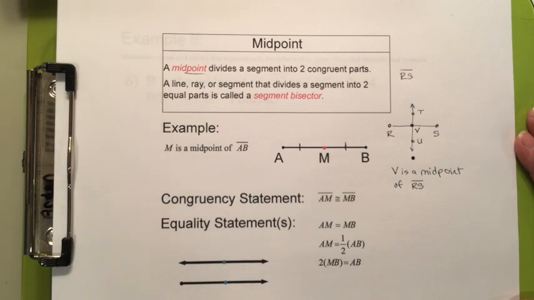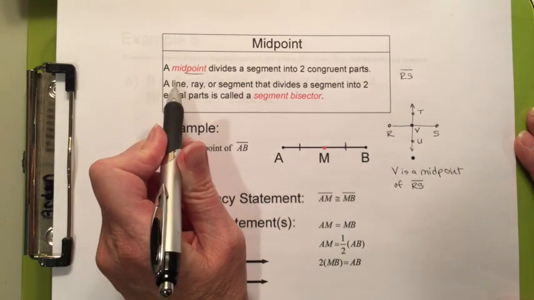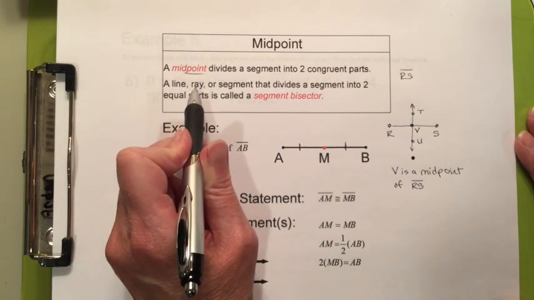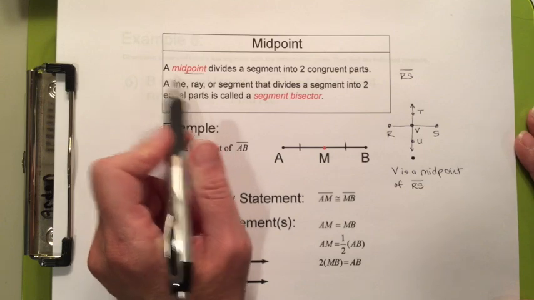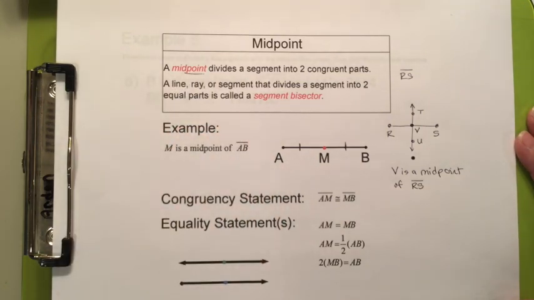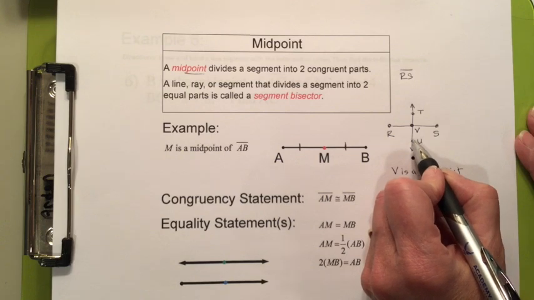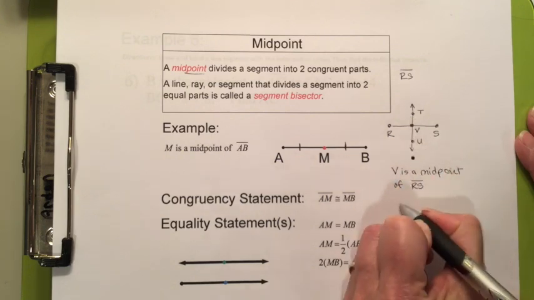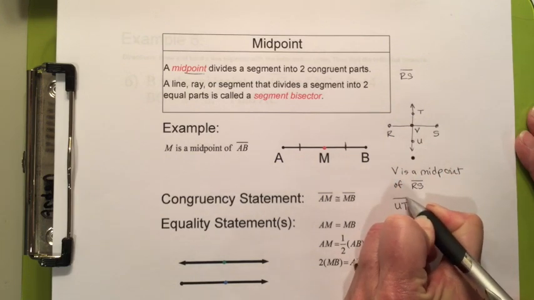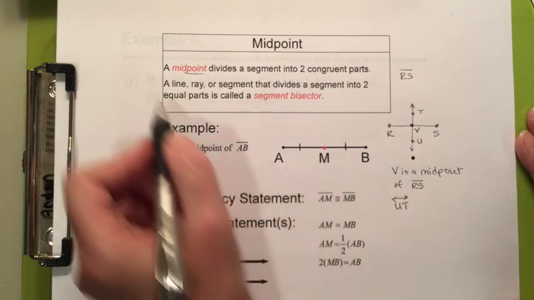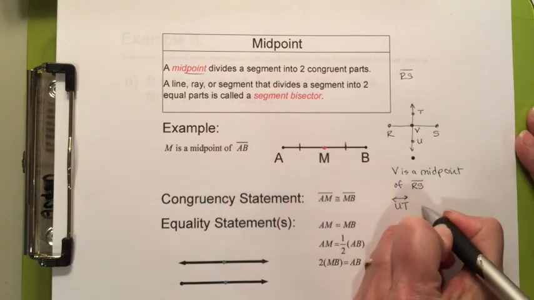There's no such concept of cutting a line in half, which is why you can't have a midpoint of a line or a ray, but you can have a midpoint of a segment. However, in this case, line UT, and we would designate it like that with the arrows on both sides, would be considered a bisector.